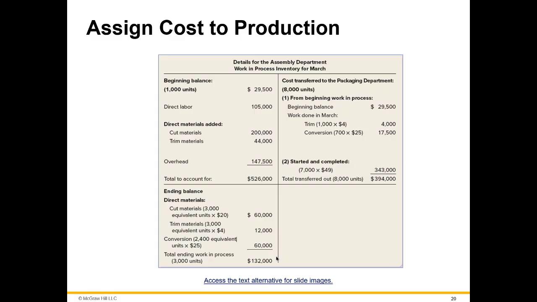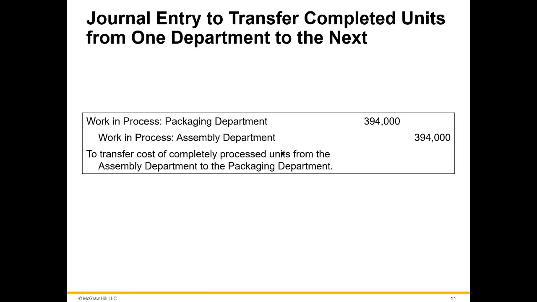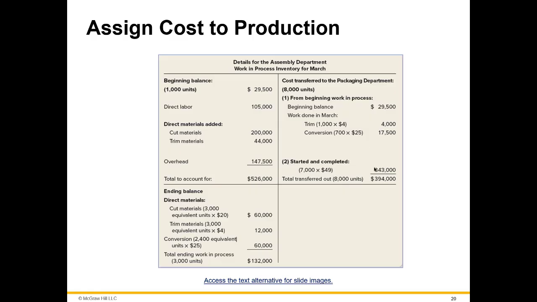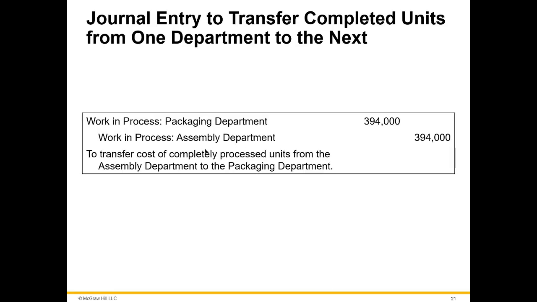We see the 132 that remained in the ending balance of the work in process for the assembly department. So we can see what that looks like. So here's the transfer to the assembly department. Here's the 394 here. Take it out of assembly, put it into the packaging department for 394.